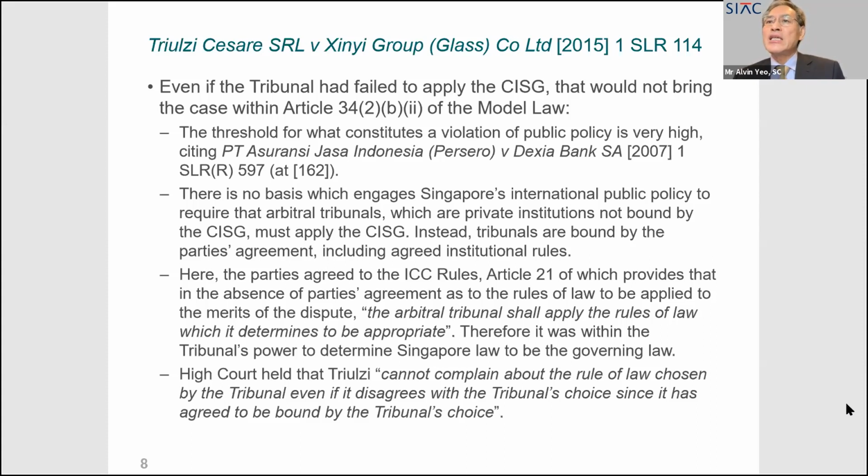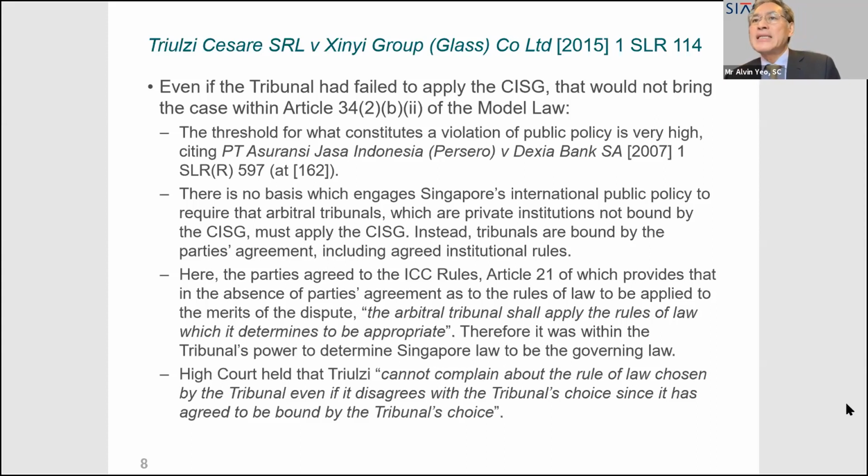And essentially complaining that they had failed to apply the CISG in a particular way, or all the other provisions of the CISG apart from Article 35, simply didn't fall within the parameters of public policy.